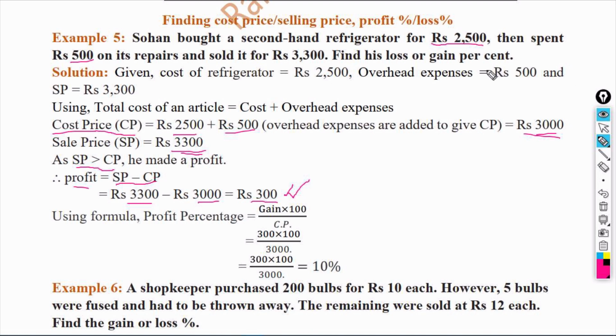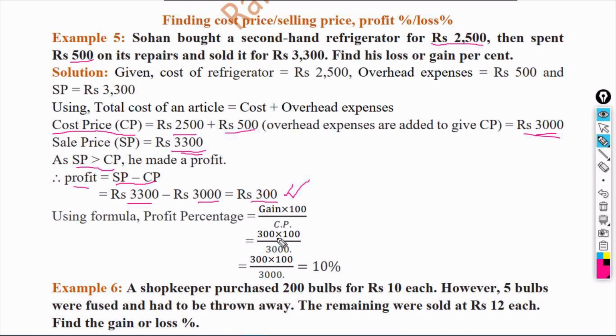But we have to calculate percent, which means per 100. Now use the formula: profit percentage equals gain into 100 by CP. You can write profit instead of gain also.